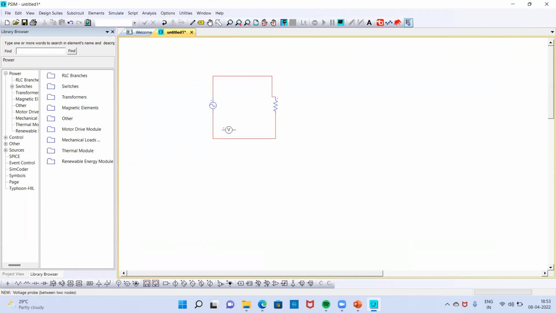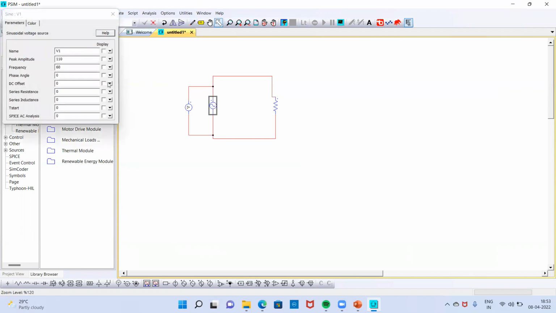To measure this voltage, I am going to connect a voltage probe. You can see I have connected this voltage probe here, and similarly this is connected here. So you have options to enter these values. I have the name of this voltage source, let it be V1.